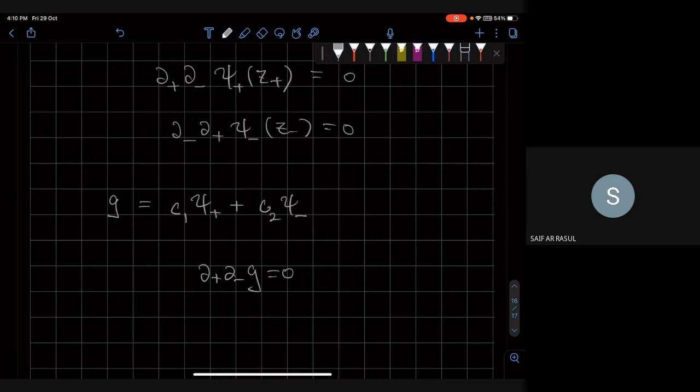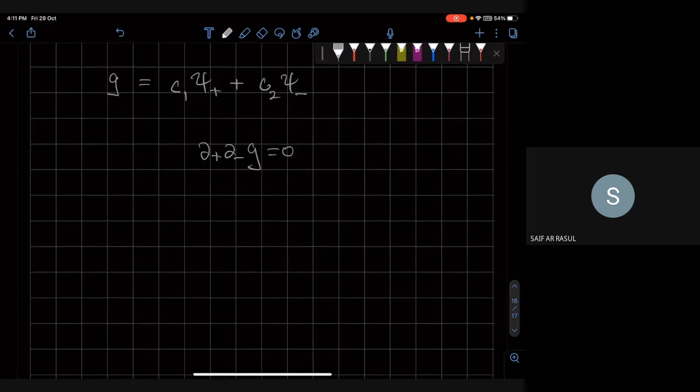Yeah, but what I don't get is if it wasn't a function of Z plus or Z minus, why would this fail? Sorry, I don't understand your question. You're saying how does this prove the negative? Like, if psi wasn't a function of Z plus or Z minus, is there a function such that this is still true?